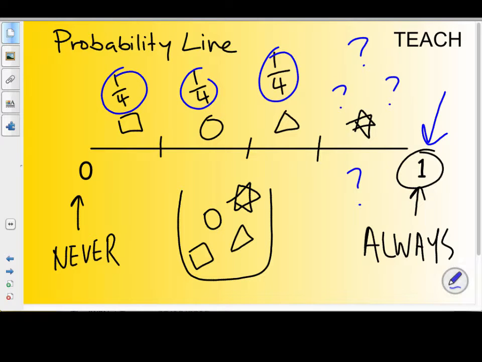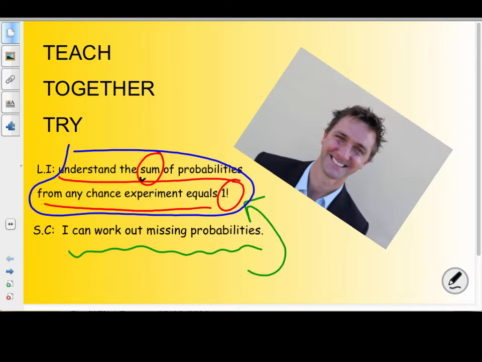Remember, you add them all up, they're going to equal 1. 1 quarter plus a quarter equals 3 quarters so far, doesn't it? So, to get to 1, what are you going to have to add to it? I'll just tell you, it's 1 quarter. Because the sum of all the probabilities from any chance experiment equals 1.